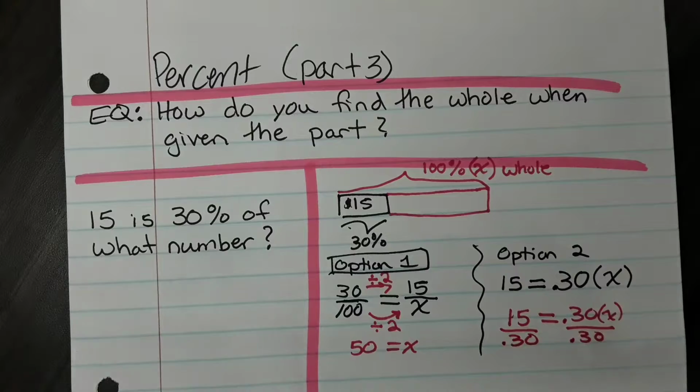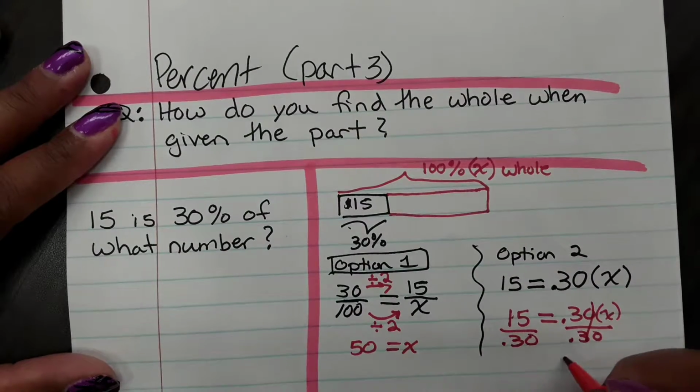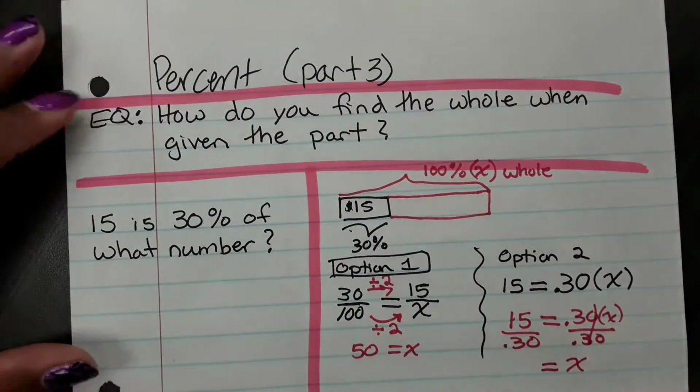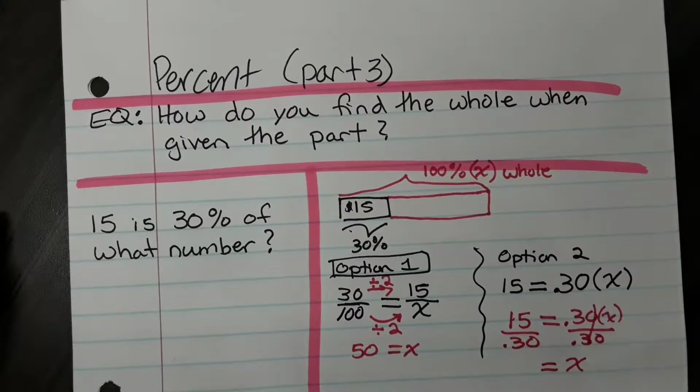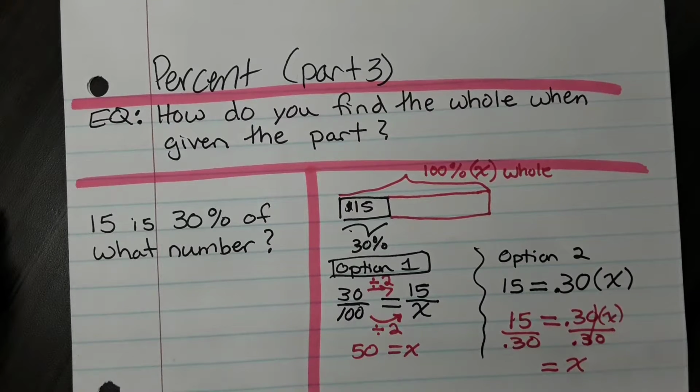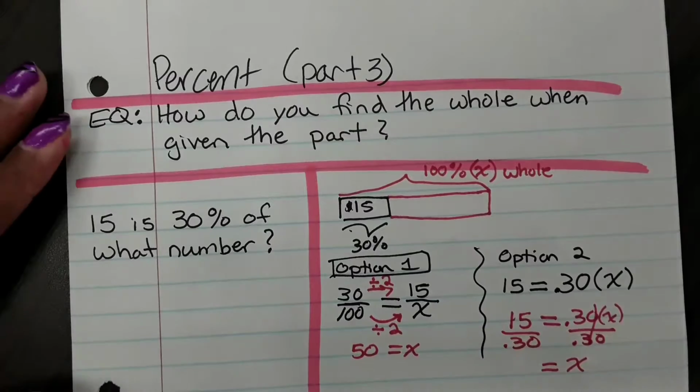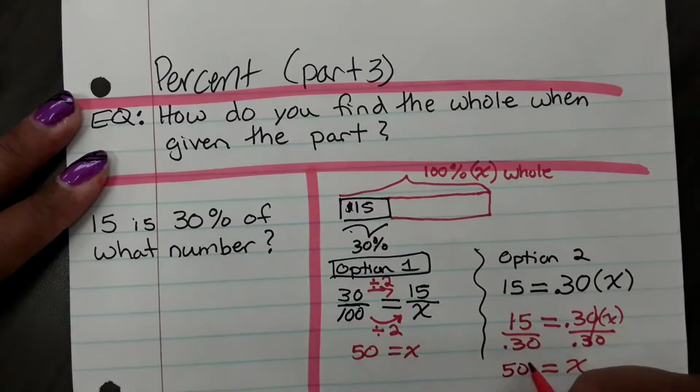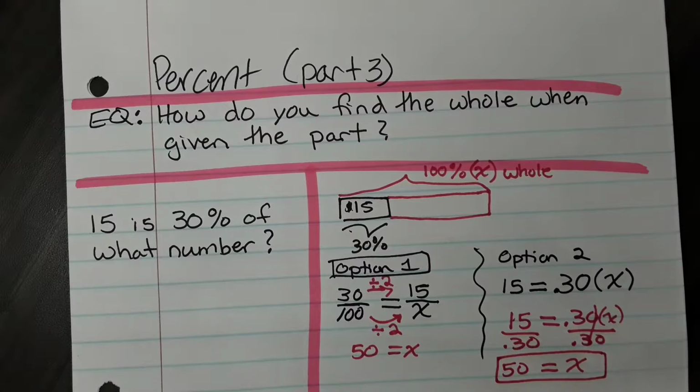This is going to cancel out here, and we really want x by itself. Hopefully you have your calculators ready, because then you would put in 15 divided by 30 hundredths, and that is going to give you 50. So her total in her purse was $50.